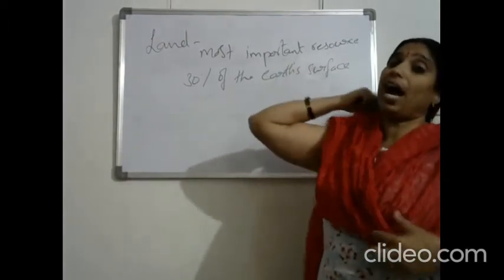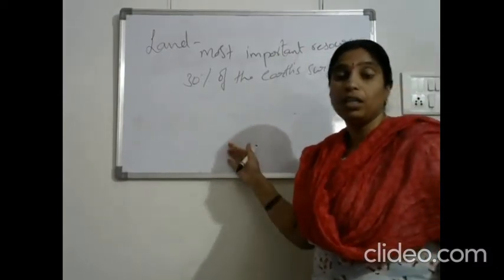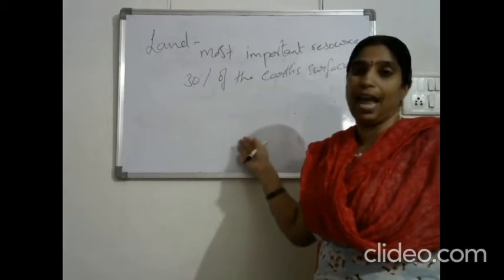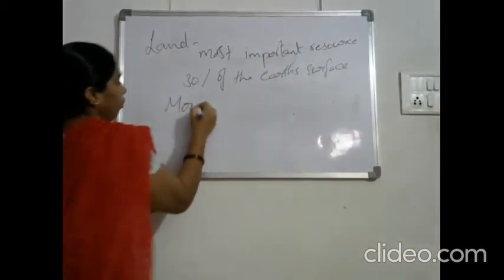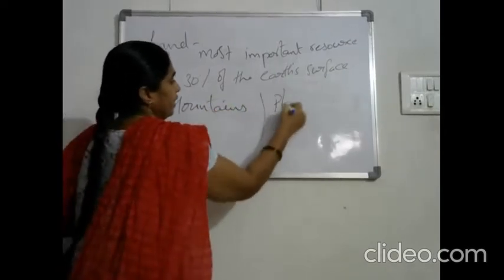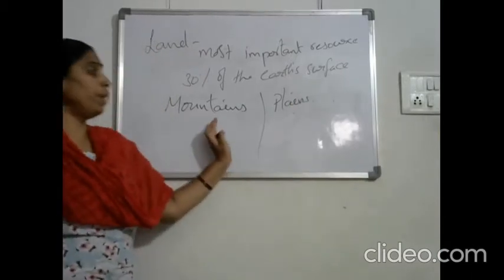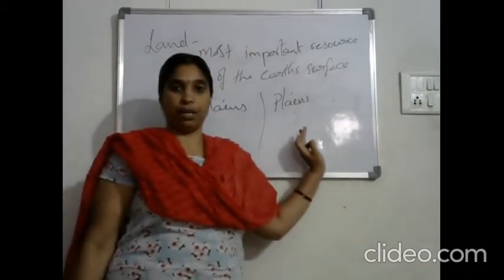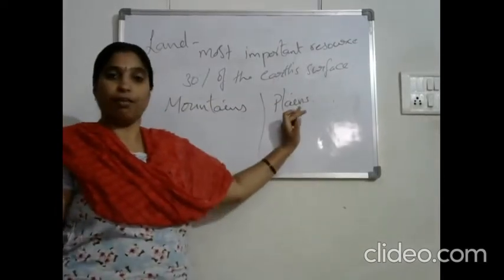Why is there uneven distribution of the population? Because of the differences in the land. Let us compare two places: mountains and plains. Which place is mostly habitable, where you can see most of the population? Plains. Why?